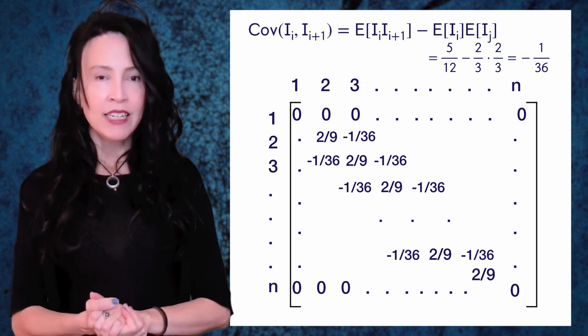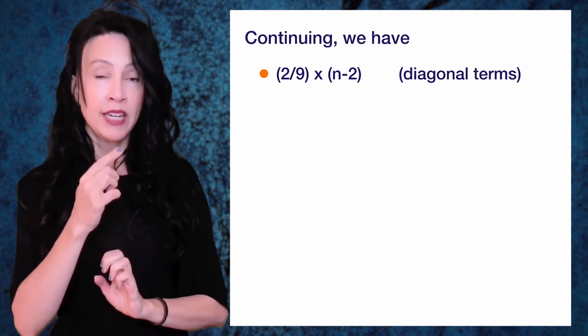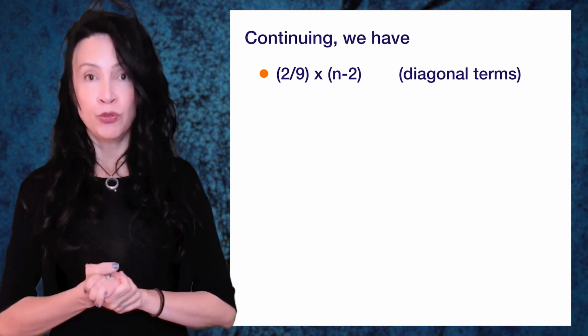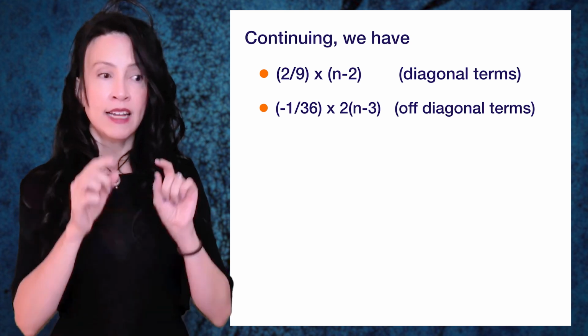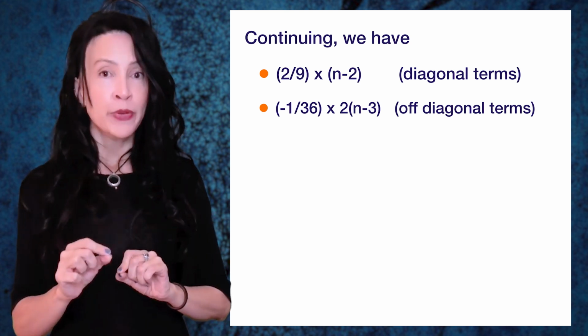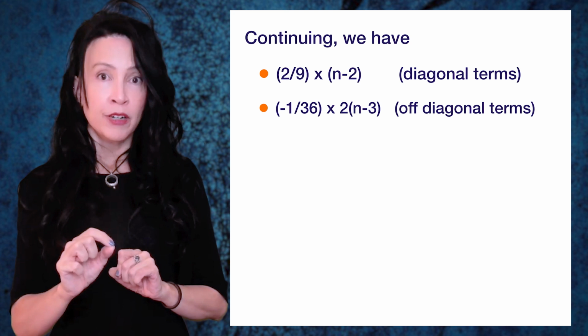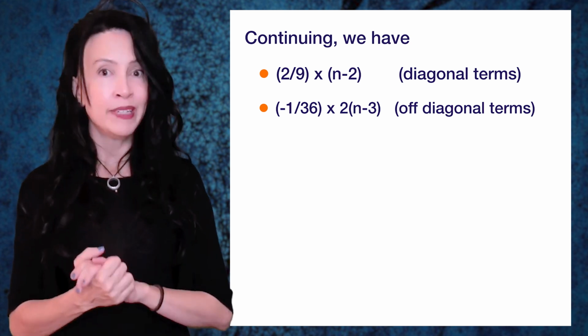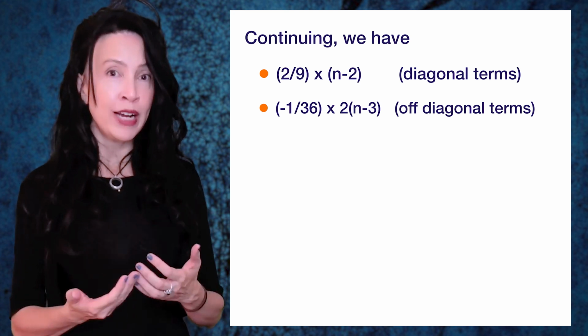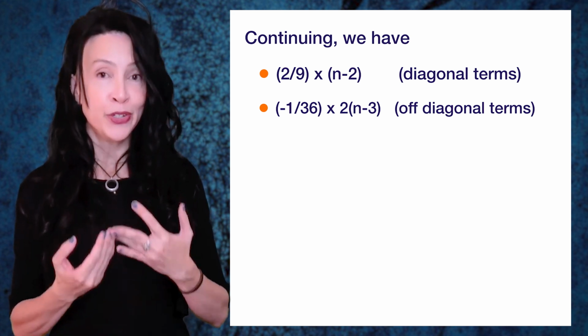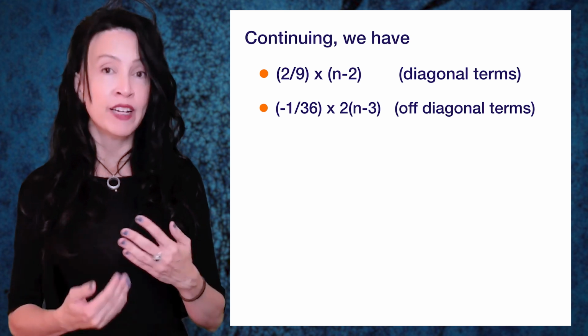What we end up having is 2/9 down the diagonal, and there's n minus 2 of those terms. We have this negative 1/36 down the off diagonals, and if you count those up, there's n minus 3 terms on both sides, so we get 2 times n minus 3. If you then look at the next term, which is the covariance of x sub i and x sub i plus 2, you're going to have to do the same sort of conditional argument.